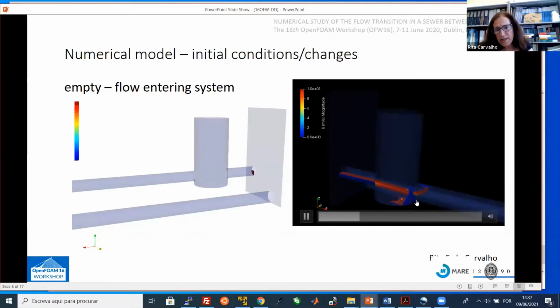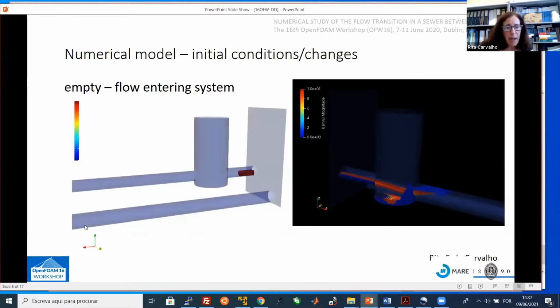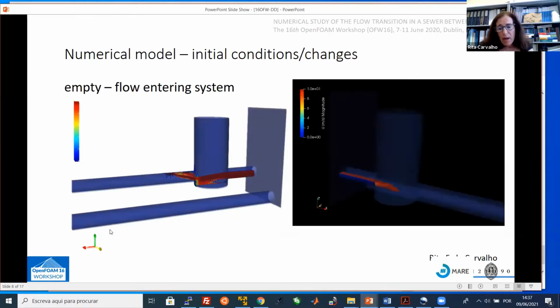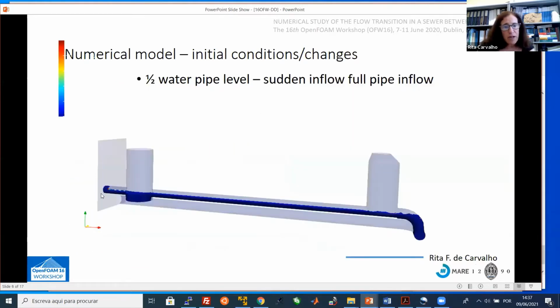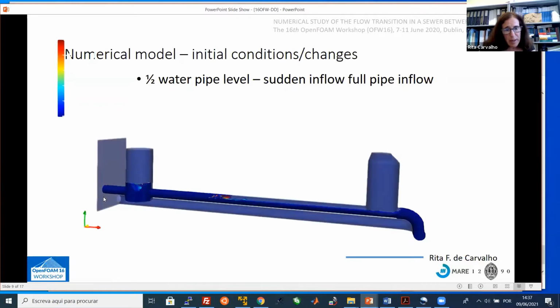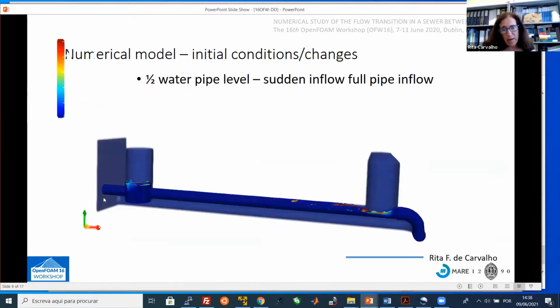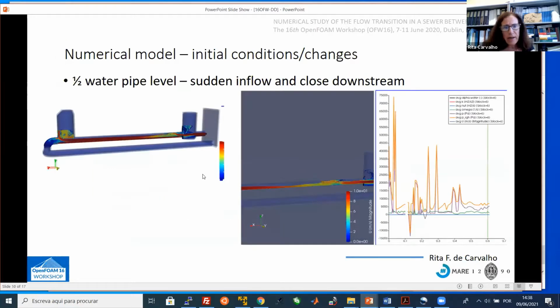As there is a lot of turbulence here, it's very difficult to have a nice time step. So here we have another perspective. And then we try already in the half pipe, and we did a sudden inflow in the pipe. Okay, and there is also some air here, and then it goes down.